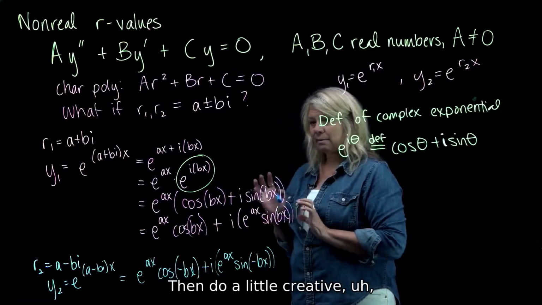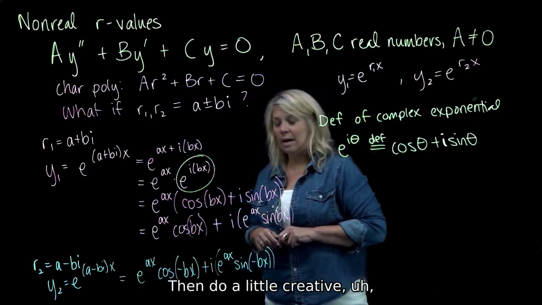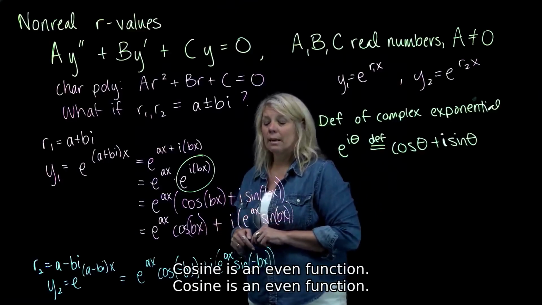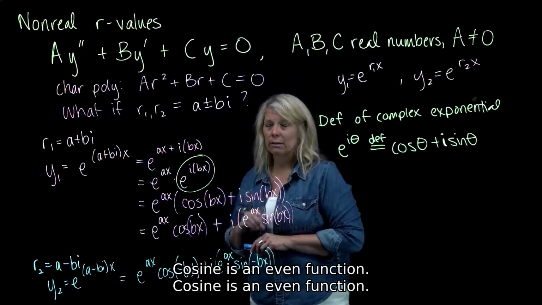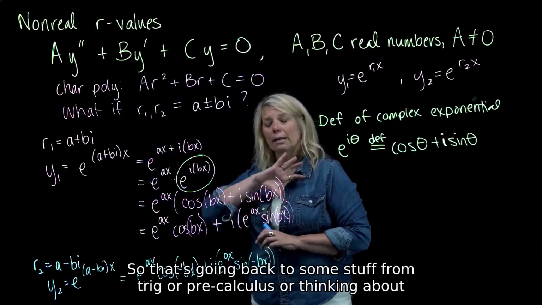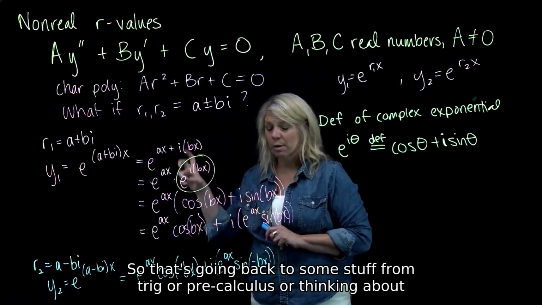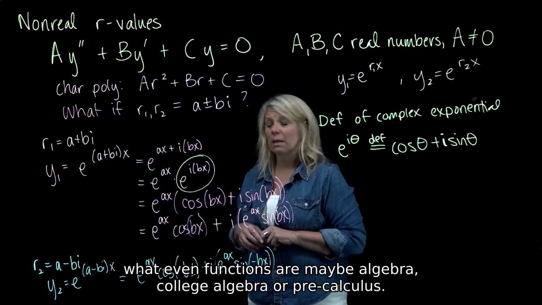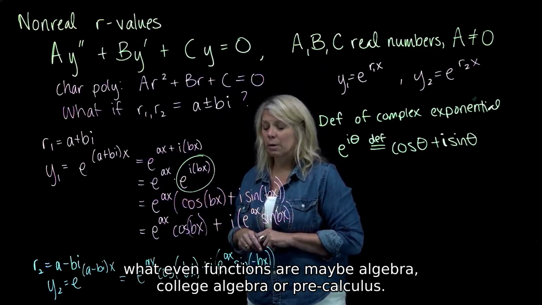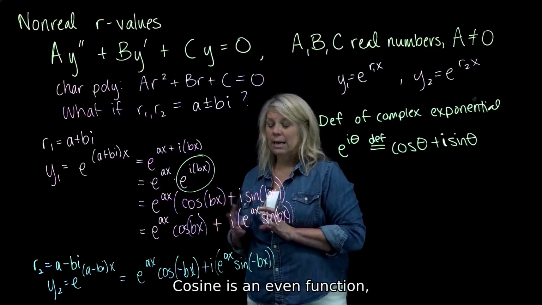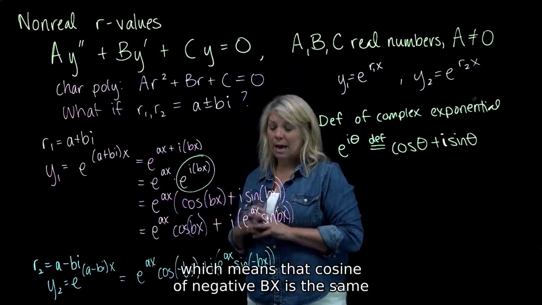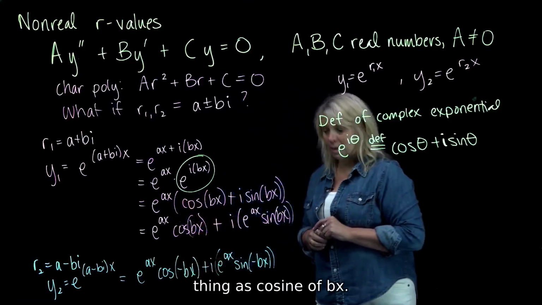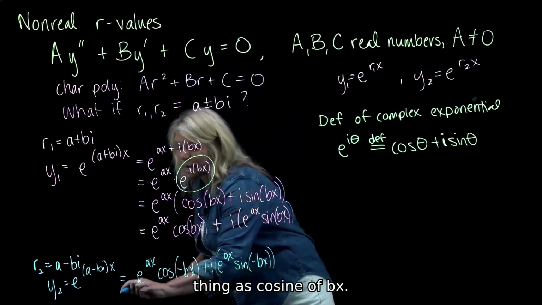Okay, then do a little creative use of some trig identities. Cosine is an even function. So that's going back to some stuff from trig or pre-calculus, or thinking about what even functions are, maybe college algebra. Cosine is an even function, which means that cosine of negative bx is the same thing as cosine of bx.